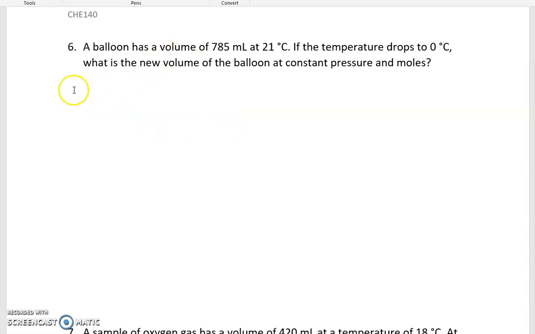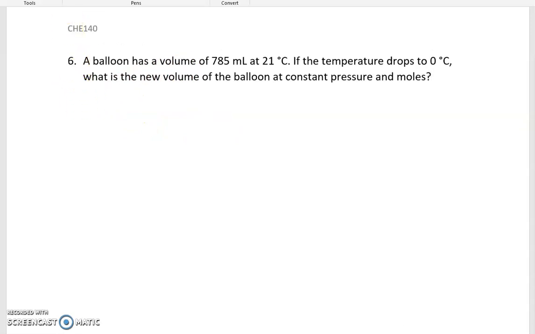The volume is equal to 785 milliliters. The temperature is equal to 21 degrees Celsius. This will be our initial volume and temperature, because now it asks us if the temperature drops, so temperature 2 is going to be equal to 0 degrees Celsius.